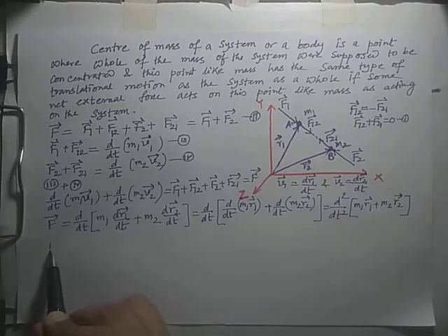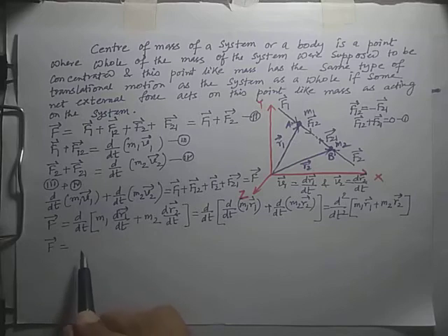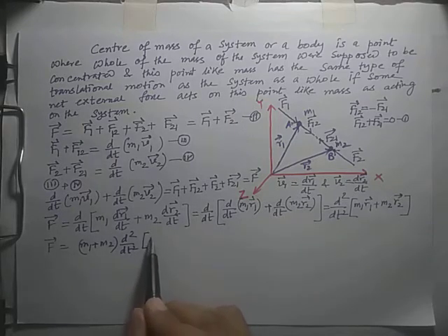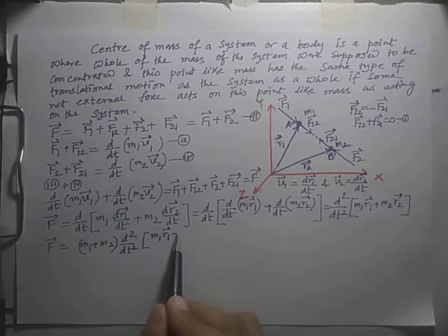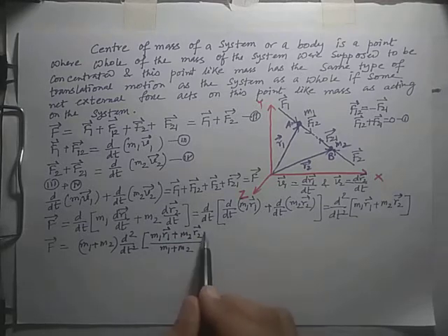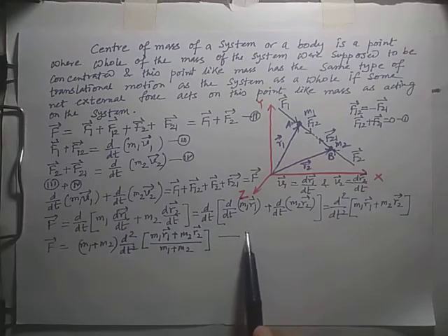So you can write F is equal to m1 plus m2, then d2 by dt square, m1 r1 plus m2 r2 by m1 plus m2. So this is equation number 5.